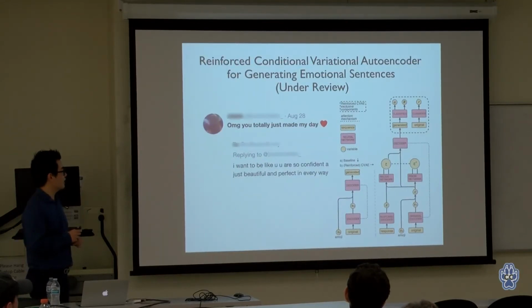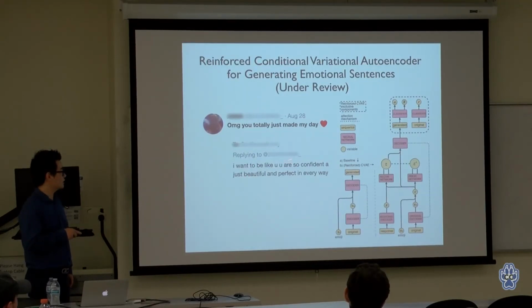So I don't have much time left, but you can imagine that one of the challenges for artificial intelligence is to teach machines to understand human language, right? And also generating human emotions is incredibly difficult for machines as well. So one particular challenge is that you don't have training data for that, again, right? So in this case, we actually went ahead to Twitter and crawled a few million tweets.